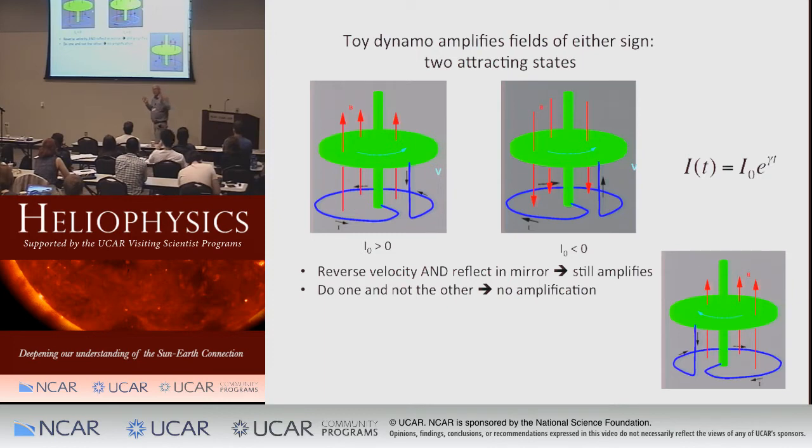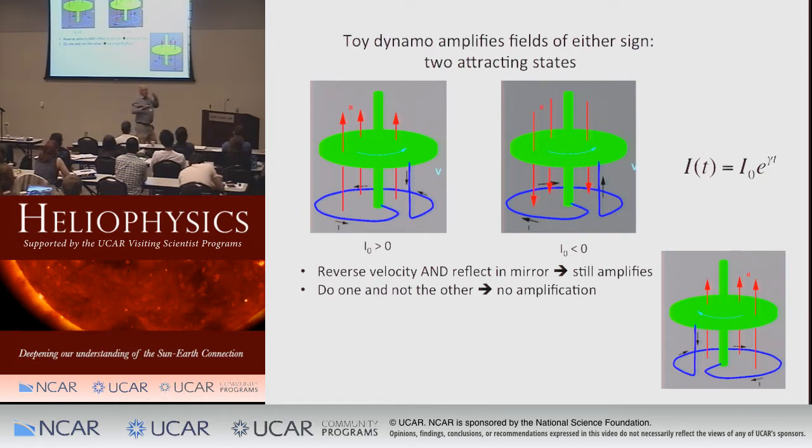As long as I do both of those things, reflect the whole thing in a mirror so it looks like this, and I spin it in the other direction, then V cross B is V cross B. It's actually going, in this case, from the rim to the poles, and then that will amplify it.